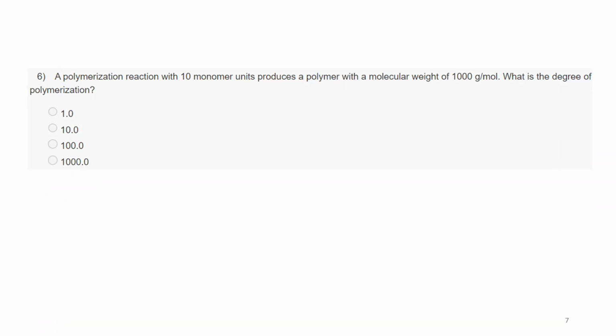Next question is, a polymerization reaction with 10 monomer units produces a polymer with a molecular weight of 1000 gram per mole. What is the degree of polymerization? Your options are 1, 10, 100 and 1000. The answer will be 10.